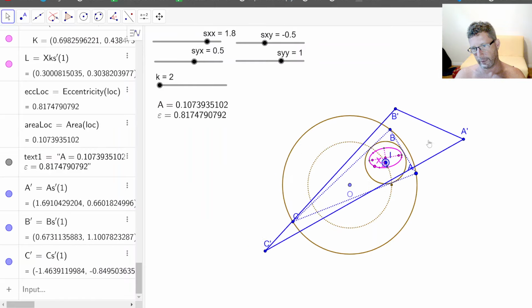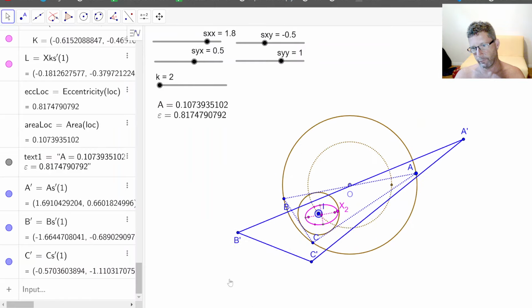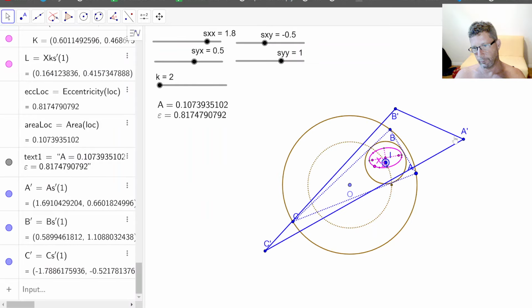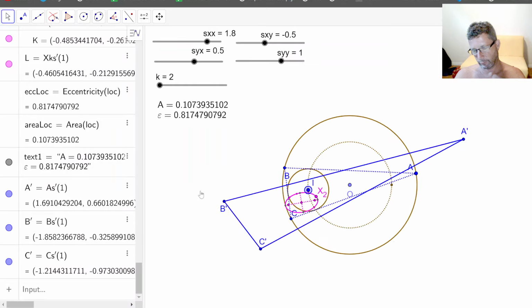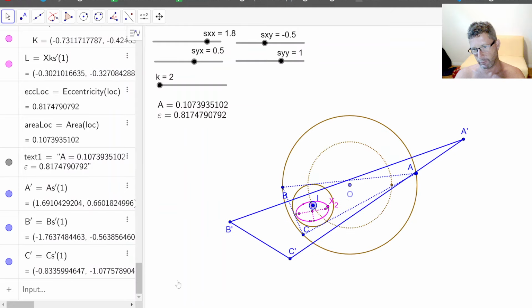So if you look at the axes over the family, all these ellipses seem to be oriented, so the direction of the two axes seems to be also invariant.